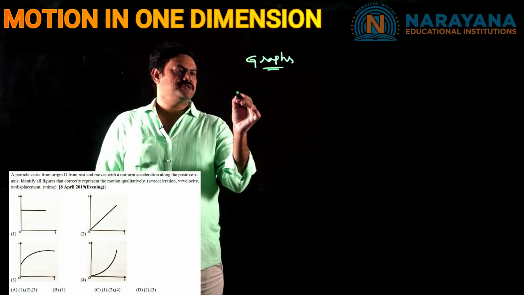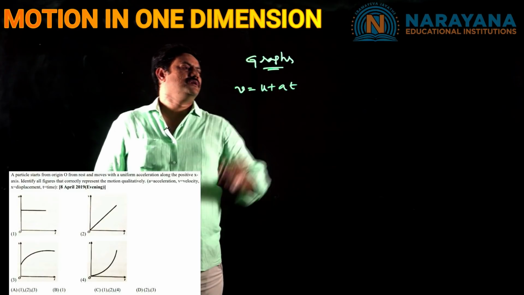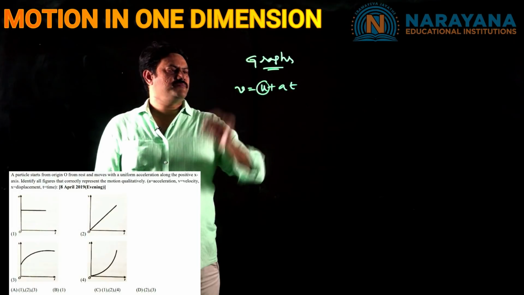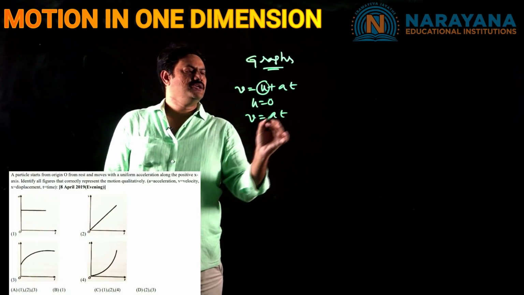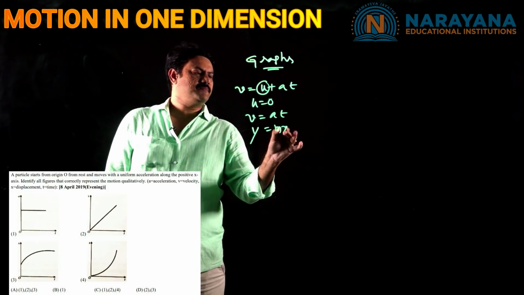Suppose you know the equation v is equal to u plus at. Initially starting from rest, the initial velocity is equal to 0, then v is equal to at. If acceleration is constant, this equation is similar to the y is equal to mx form.